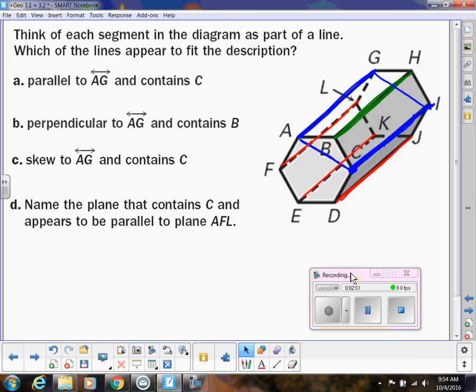All right, let's look at B. Perpendicular to AG and contains B. So here's AG, and we want it to be perpendicular and then contain B. Here's B. Perpendicular means at a right angle.